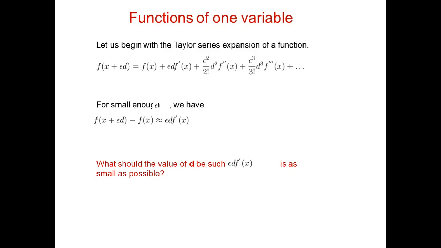Okay. So what should the value of d be such that this epsilon times derivative of the function is as small as possible? Okay. So that the negative derivative is the direction of the maximum descent.